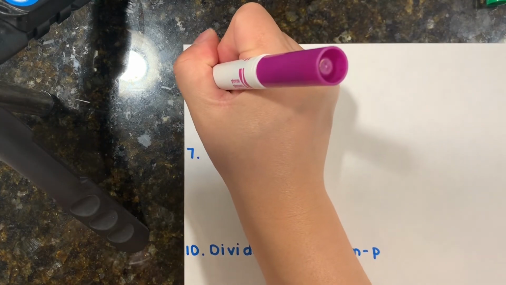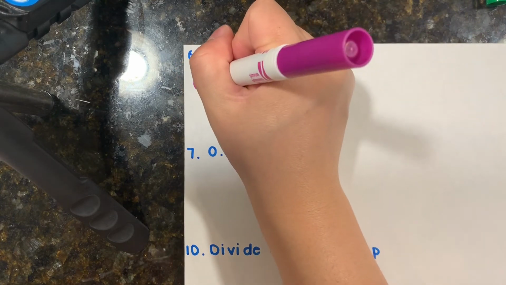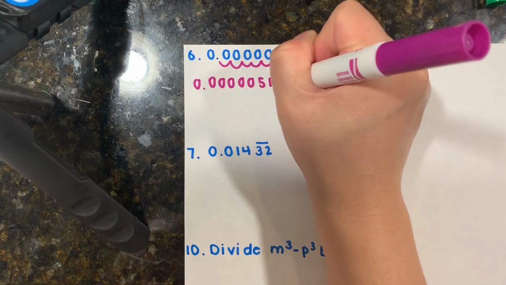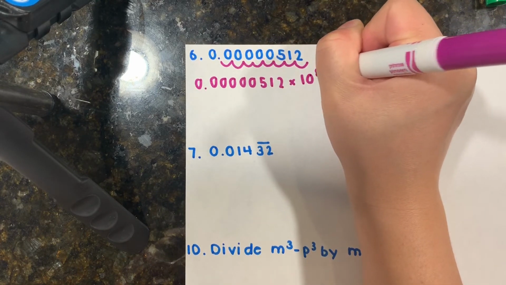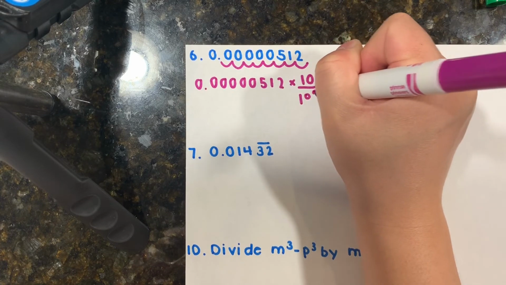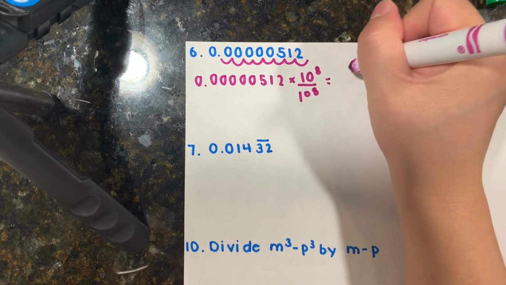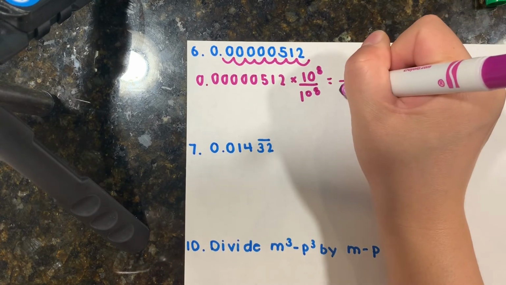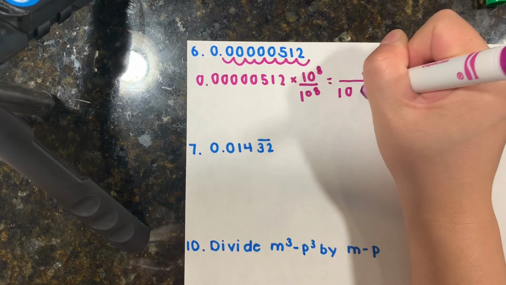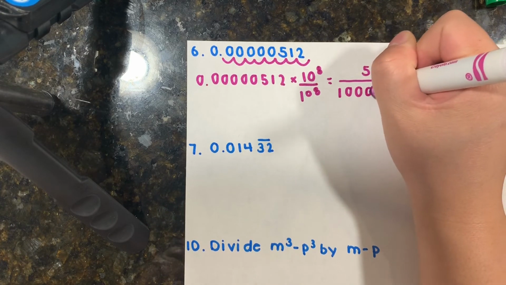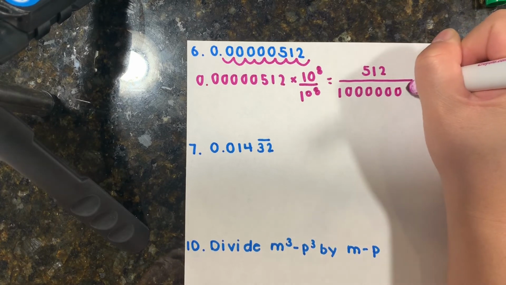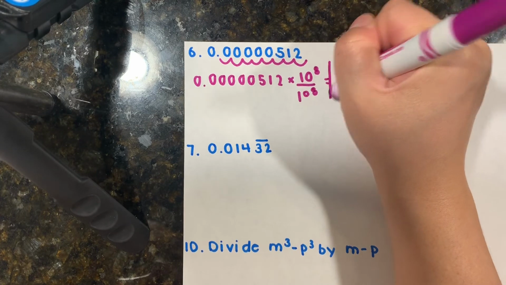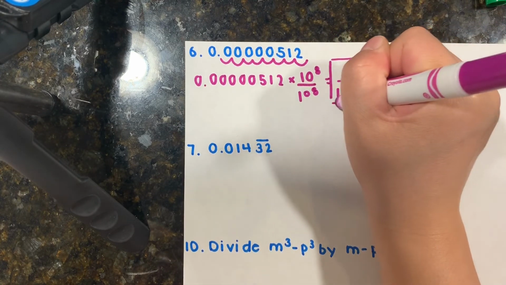So that would be 0.000000512 times 10 to the 8th over 10 to the 8th, which would make that 512. And 10 to the 8th, written as a whole number, would just be 1 with 8 zeros. So 1, 2, 3, 4, 5, 6, 7, 8. And this would be my result. So 512 over 100 million.